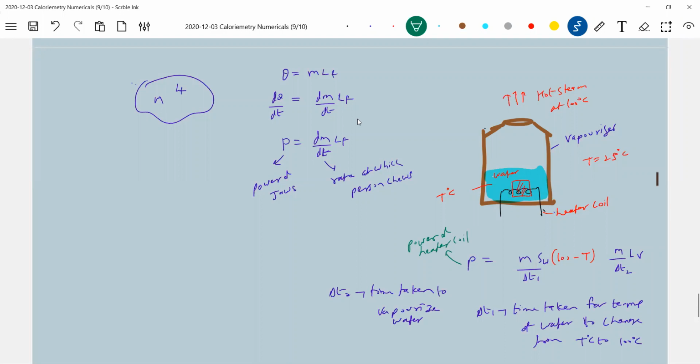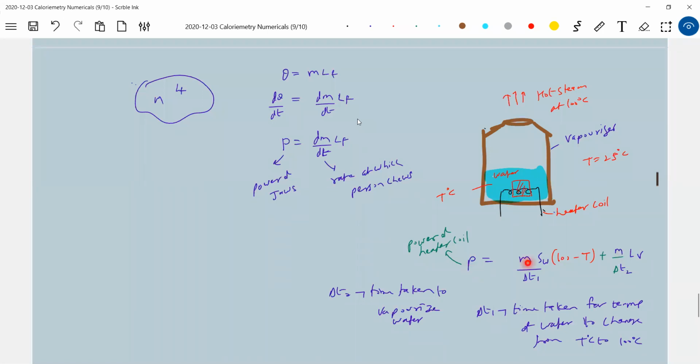This part of the power is the power needed to raise the temperature of water from T degrees to 100 degrees. Plus, this part is the power needed to convert water into vapor. So if these two times are less, the power should be more. If you have more water, this P will be fixed.